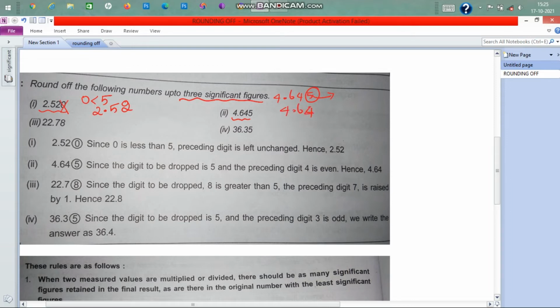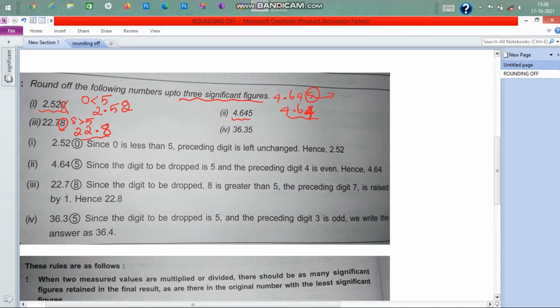Why are we not changing 4? Since the preceding digit of the digit to be dropped is even, we are keeping it as such, as 4. Now let us see the third question, 22.78. Here this digit is to be dropped. Since 8 is greater than 5, we raise the preceding digit by 1, so 22.8 is the answer.